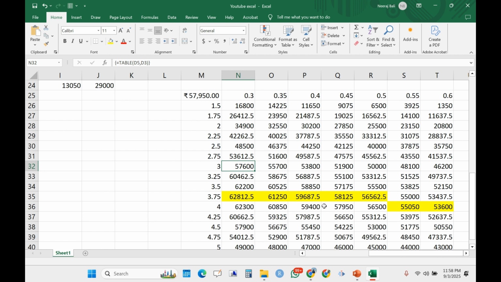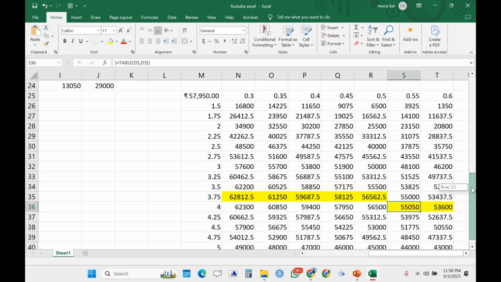So we can say that at 3.75, till 0.5 cost, highest profit is maintained at 3.75. But when the unit cost increases to 0.55, then highest profit will be at 4, not at 3.75. So this is what it is saying. But generally speaking, if you see the majority of the cases, 3.75 looks like a safe bet.